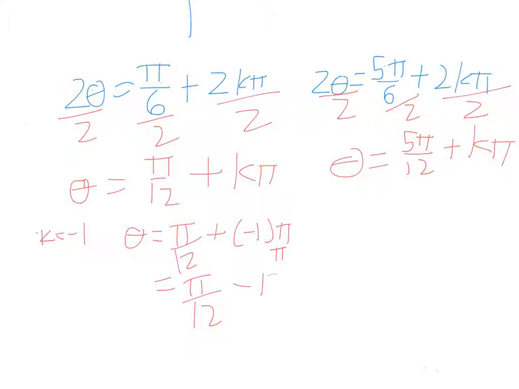Remember, you can rewrite pi as 12 pi over 12, so that'd be -11 pi over 12. So we know at least with this first equation here, we have to start with k equals 2.